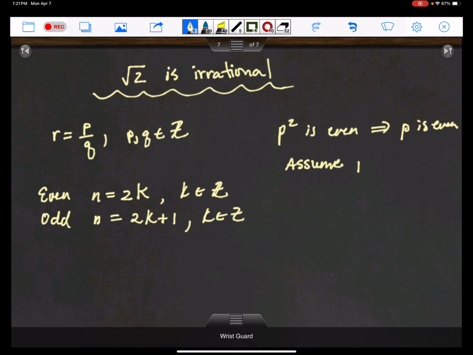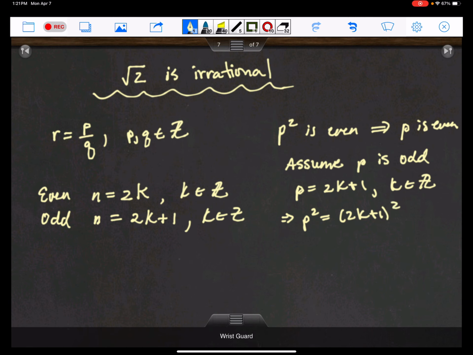If we assume p is odd, that is not even, then p is equal to 2k plus 1, k some integer. This would mean p squared is equal to (2k plus 1) squared, which is equal to 4k squared plus 4k plus 1, or 2 times (2k squared plus 2k) plus 1.